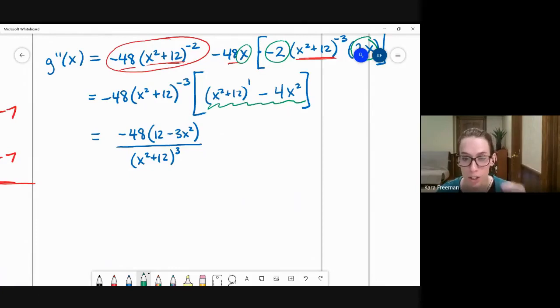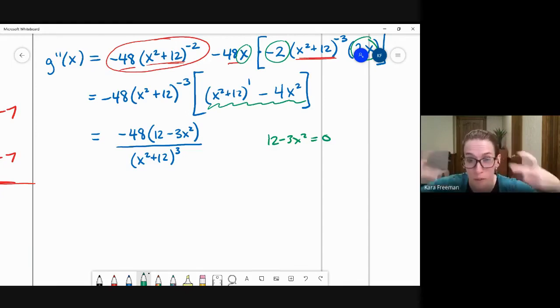When you have a fraction, you're equal to 0 when the numerator is equal to 0. So that's when 12 minus 3x squared is equal to 0, right? You also have, it's really a critical point for f double prime. You can change sign when the denominator is equal to 0, but is that denominator ever equal to 0?